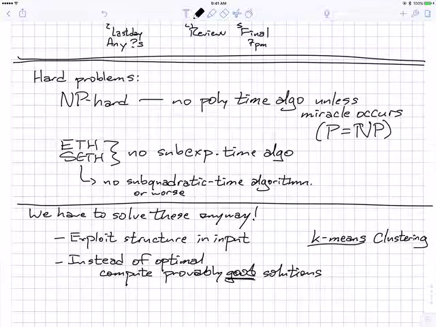What does good mean? And the definition that I want to talk about today is it's close to optimal. Okay, so it'd be nice to be able to say, I don't know whether this is the absolute correct answer or not, but I can guarantee that it's within 5% of the correct answer.